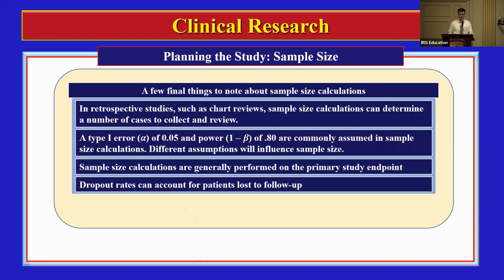Sample size calculations are generally performed on your primary study endpoint. So you may have secondary endpoints that you're interested in, but we don't normally perform a sample size calculation on those secondary endpoints. And as expected in clinical research, you will lose some patients to follow-up. So there's a way you can adjust these sample size calculations with the dropout rate to account for those patients that you may lose to follow-up.